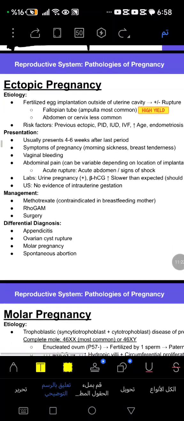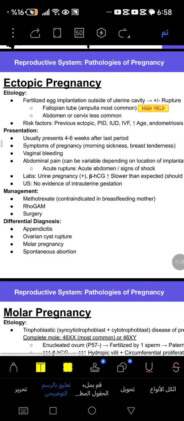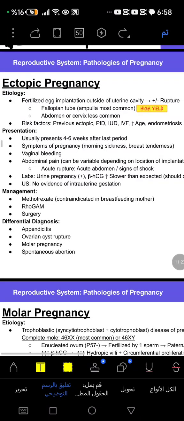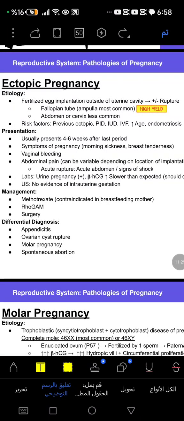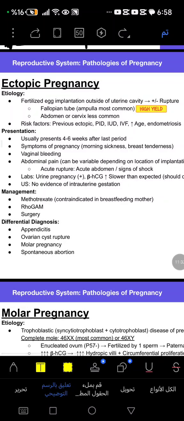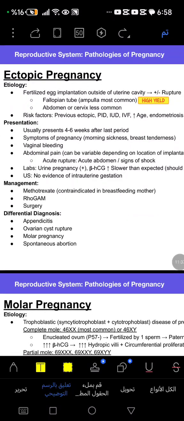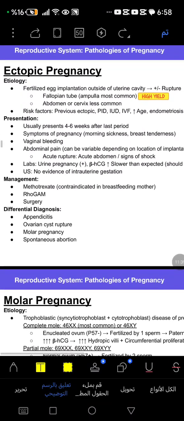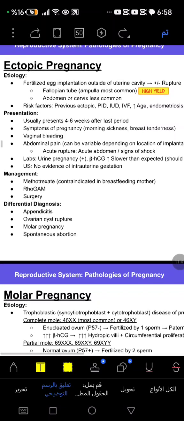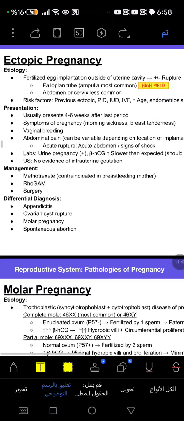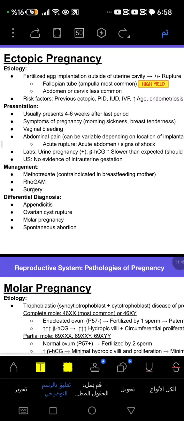The presentation, as we spoke about, has the same pregnancy symptoms, vaginal bleeding, and abdominal pain. When it ruptures, it causes acute, severe abdominal pain. The management was methotrexate, an antagonist for folate. The differentials were appendicitis, ovarian cyst rupture, molar pregnancy, and spontaneous abortion.